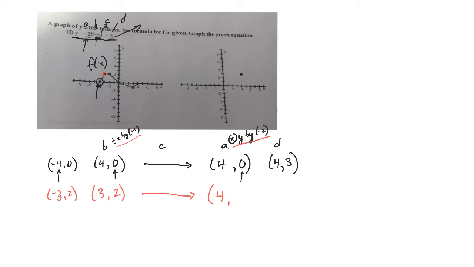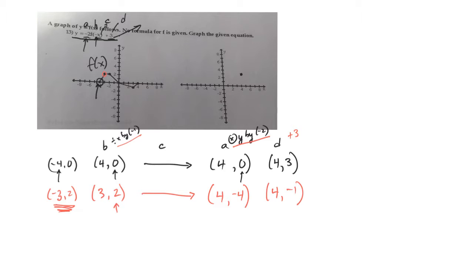So I have to multiply all the y values by -2. So 2 times -2 would be -4. And then the d value, I'm adding 3 to all the y values, so -4 plus 3 would be -1. So this point here would be transformed to 4 and -1.